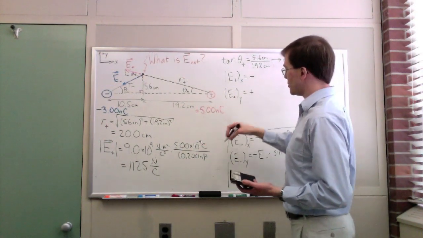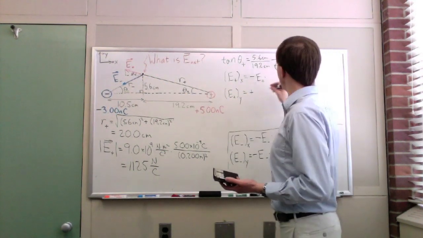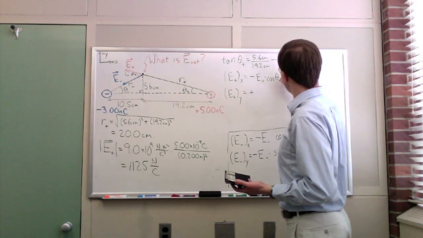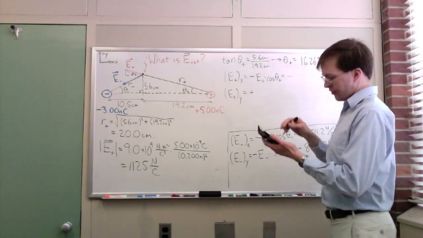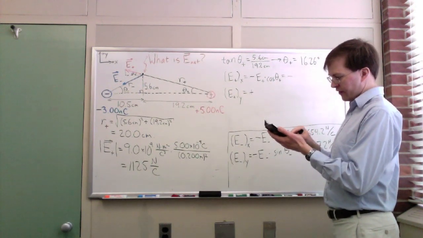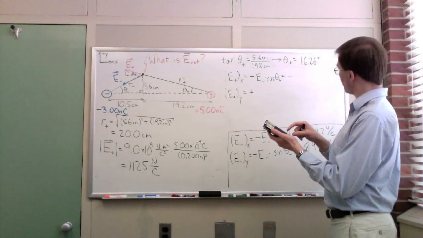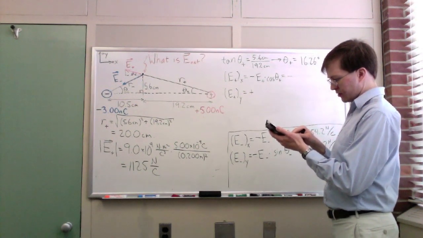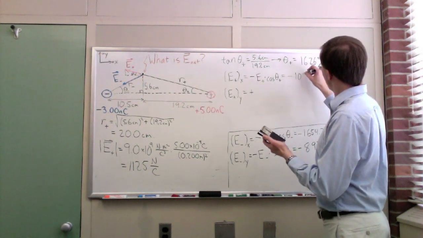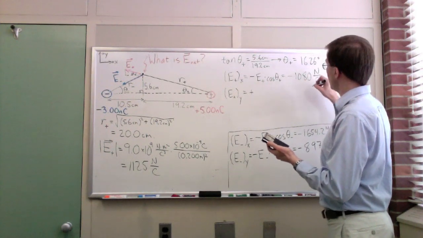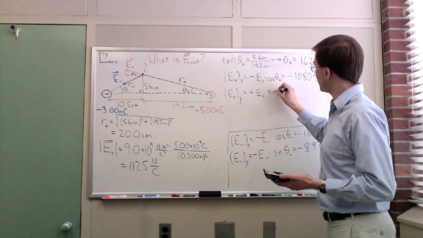The magnitude, negative E plus times, X is adjacent to the angle I have labeled, so that's cosine of theta plus. 1125 times cosine of 16.26, I get negative 1080 newtons per coulomb.